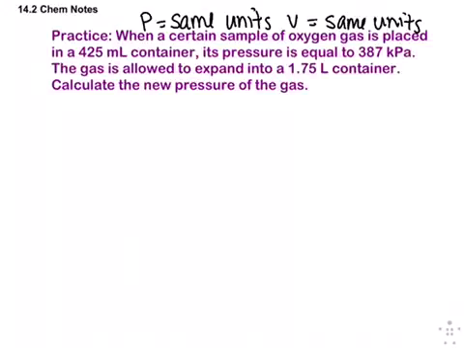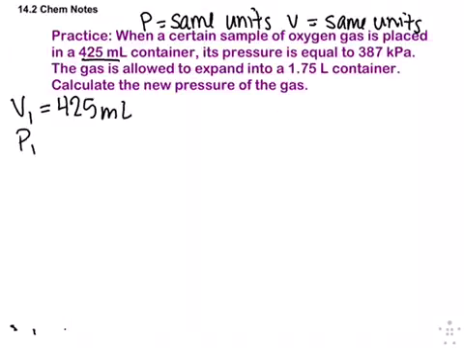So when a certain sample of oxygen is placed into a 425 milliliter container, its pressure is equal to 387 kilopascals. The gas is allowed to expand into a 1.75 liter container. Calculate the new pressure of the gas. So our initial volume, V1, is the 425 milliliters.